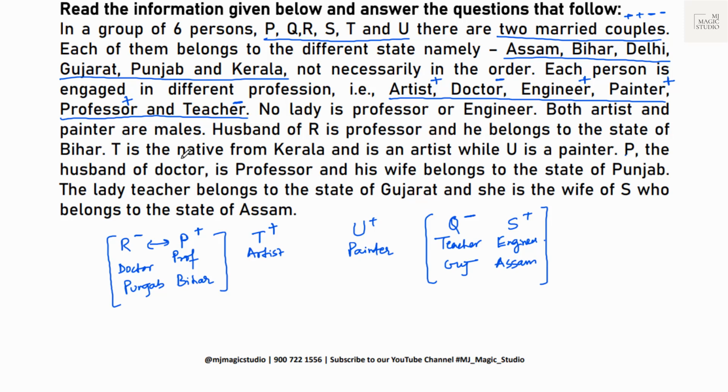T is a native from Kerala and is an artist. T is from Kerala, done. And now we are left with Punjab, Gujarat, Kerala gone, Bihar, Delhi. U is from Delhi. Done. All set. And now we are ready to answer the 4 questions which follow.